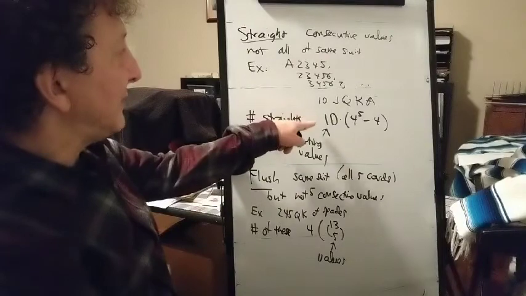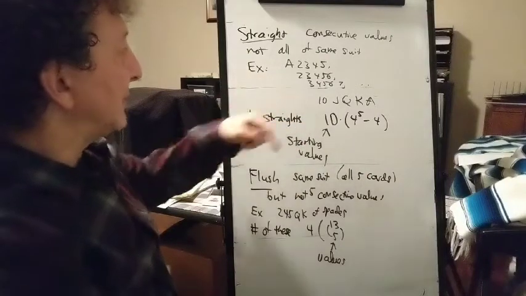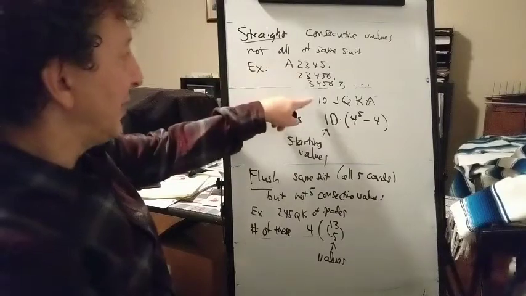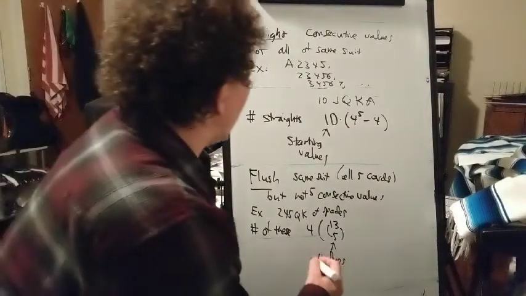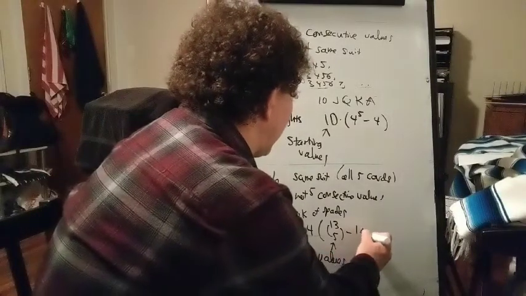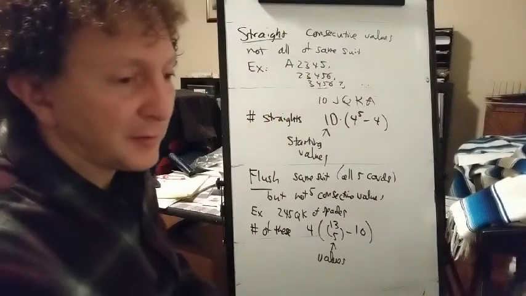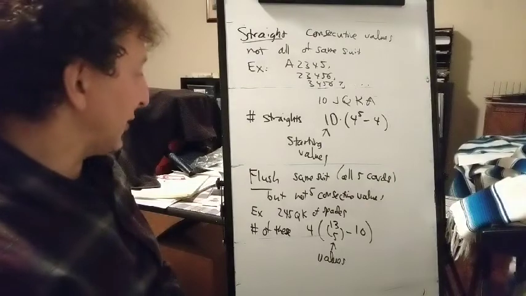We said there's 10 ways to choose consecutive values, beginning with an ace, beginning with a 2, beginning with 3, etc., beginning with 10. So minus those 10. So there's 4 times 13 choose 5, minus 10 flushes.